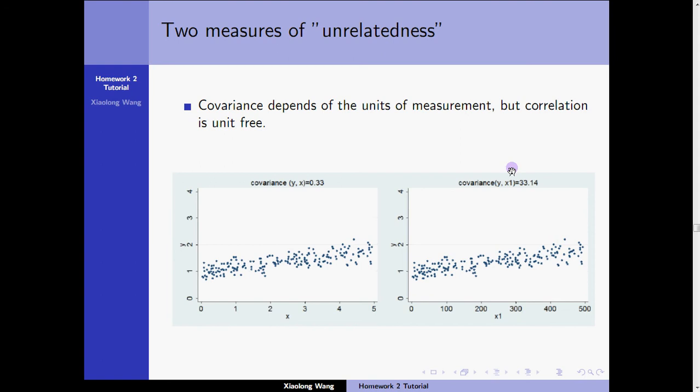This is not what we want, because we want a consistent measure of correlation between two random variables. So it shouldn't depend on the unit of measurement, and that's why we have the coefficient of correlation.